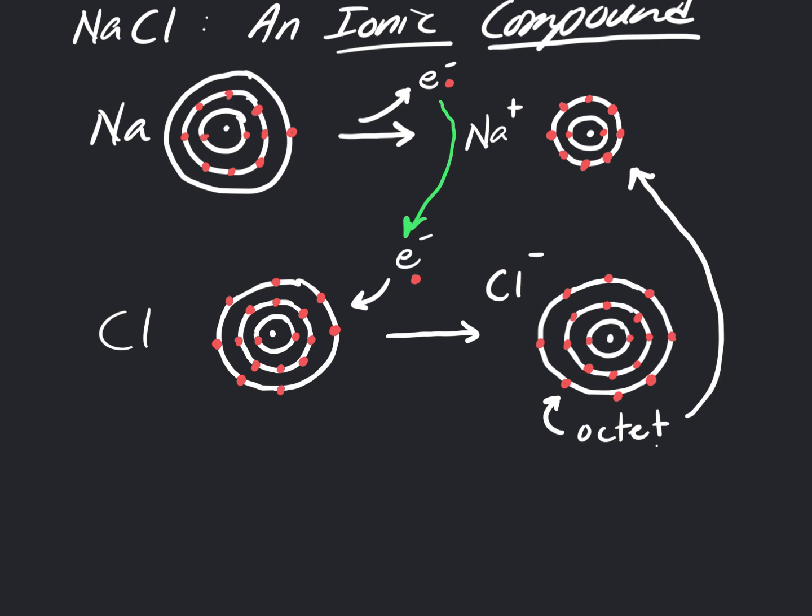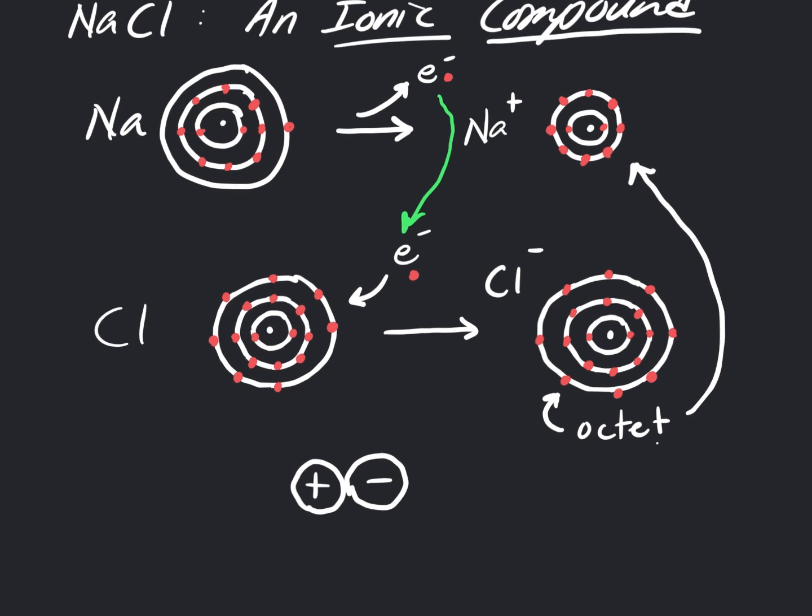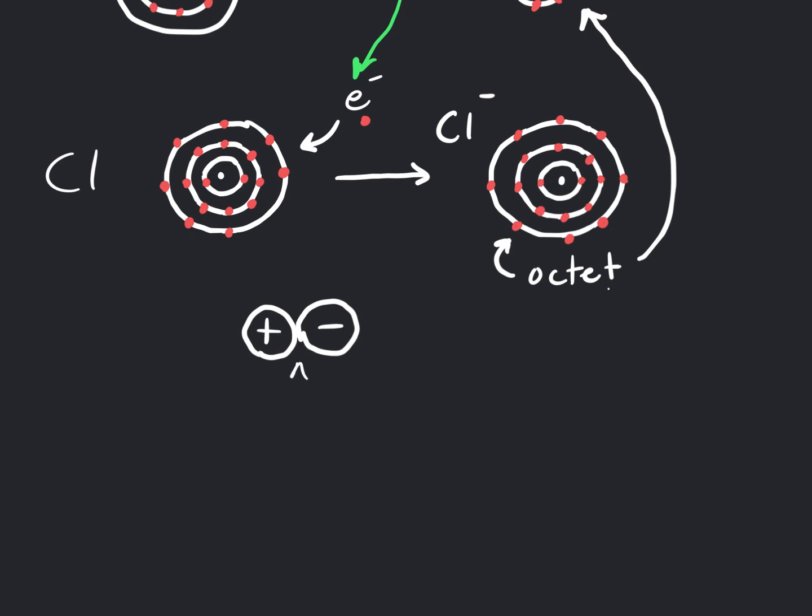Sodium loses an electron, and that electron goes to chlorine to form the chloride ion. Now what we have is a positive sodium ion strongly attracted to a negative chloride ion, and what we've created here is an ionic bond.